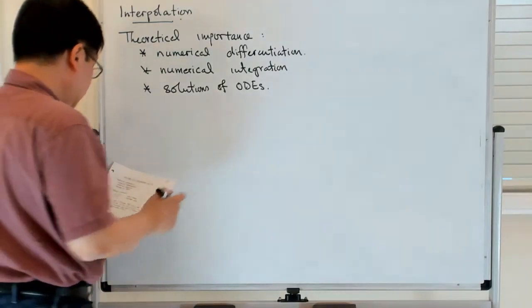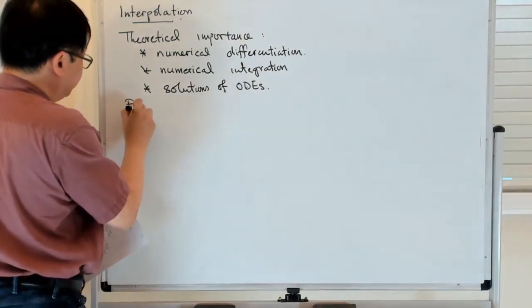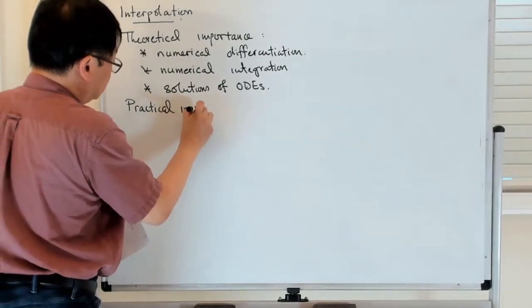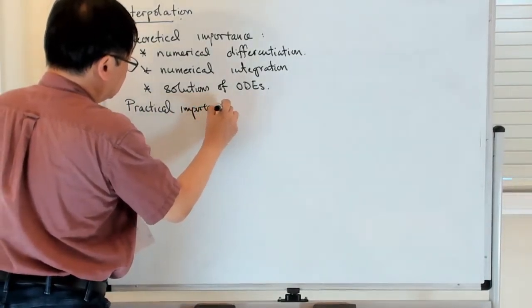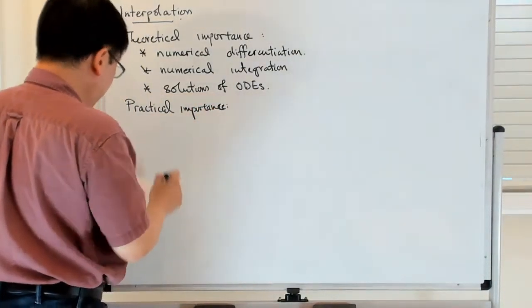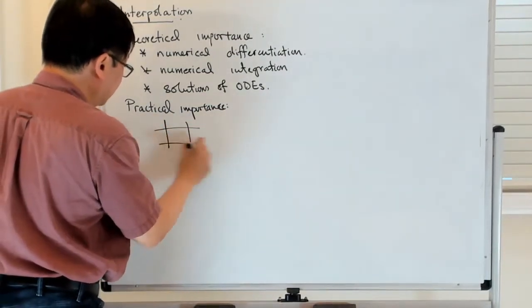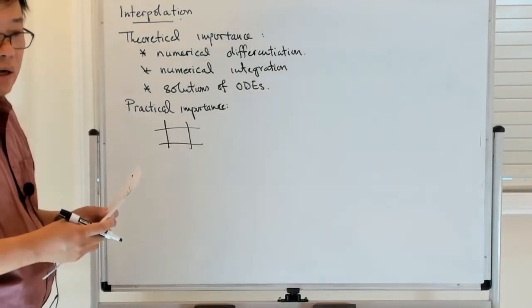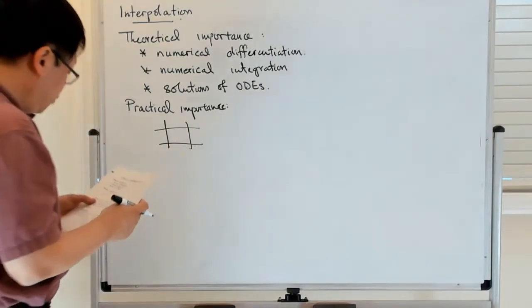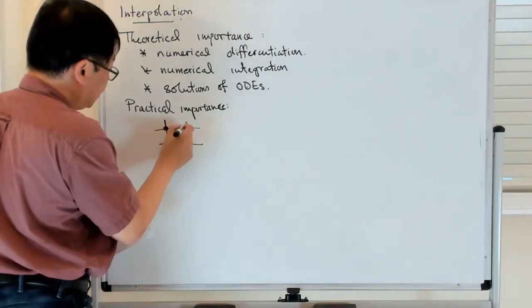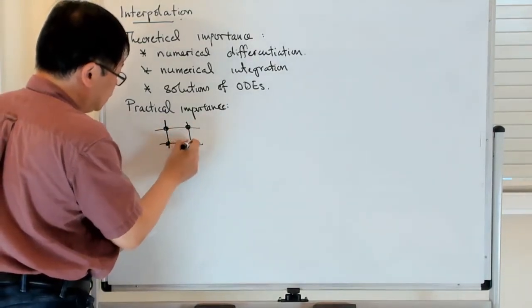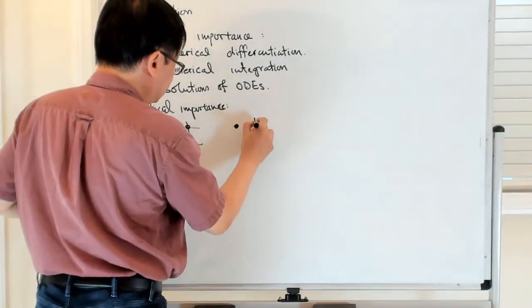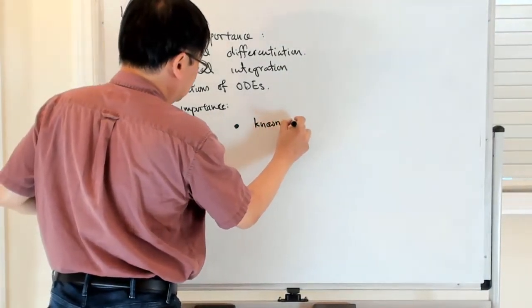In terms of practical importance, many numerical methods give you a sampling, if you will, of the solution at a bunch of points, perhaps on some sort of regular grid. The circles here correspond to known values, for example.